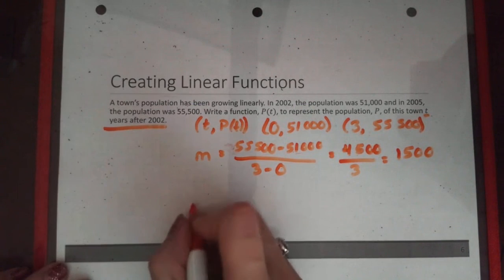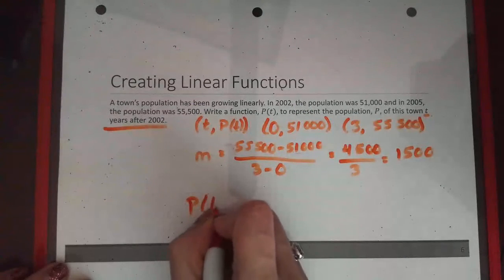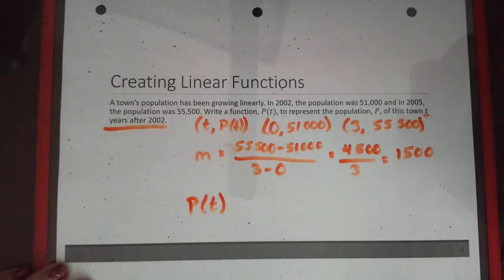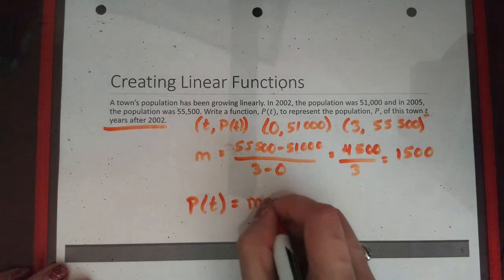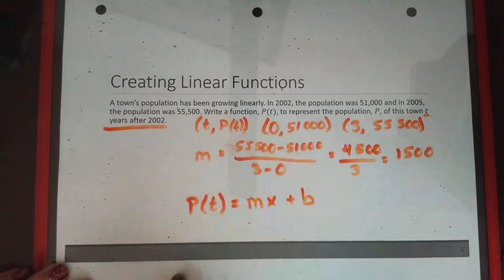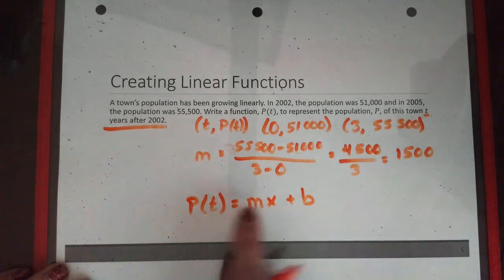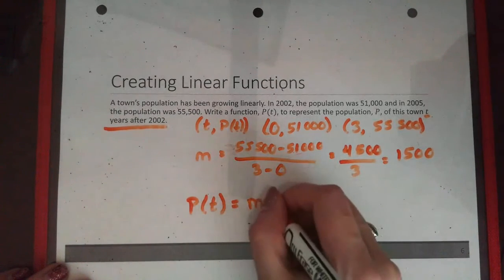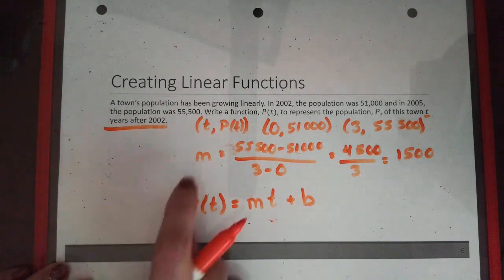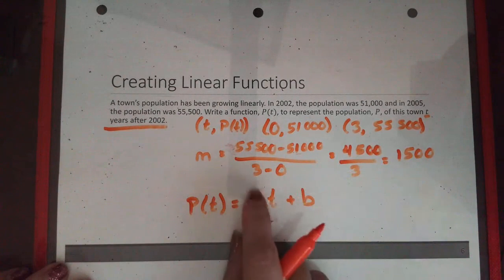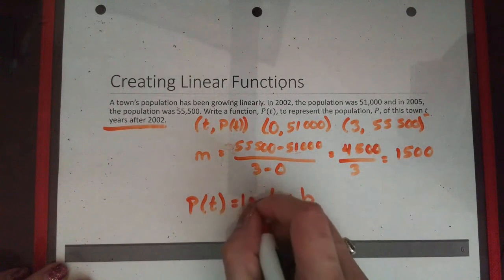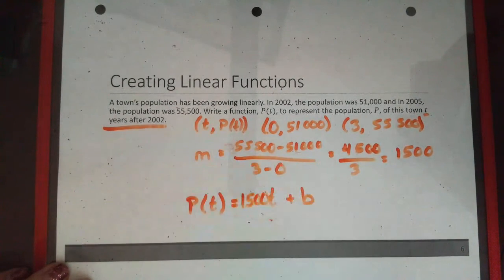We're trying to write a function p of t that represents the population, and it's a linear function. So we're thinking in the form mx plus b, but our input isn't x, it's t. So I need to make sure I'm using the right variable. We just found what m is. m is 1,500, so I can replace that. b is our y-intercept, is how we usually think of it.